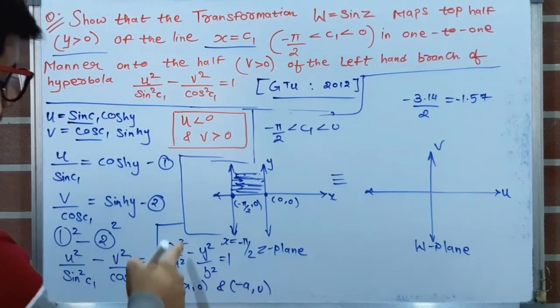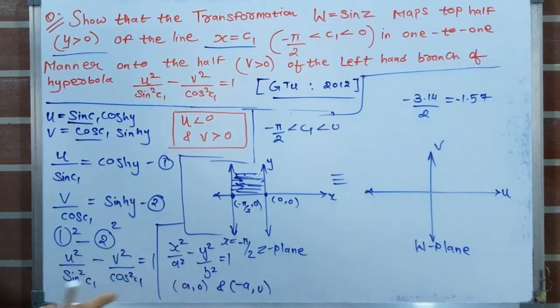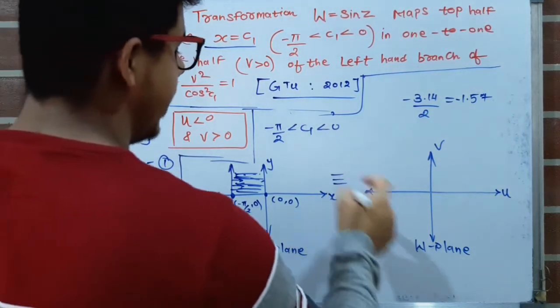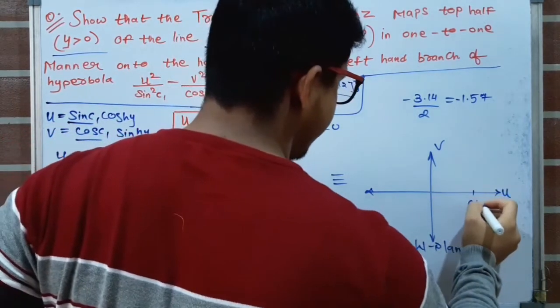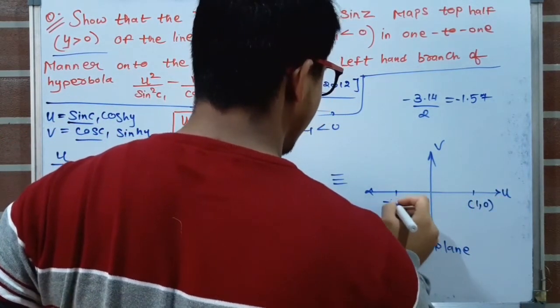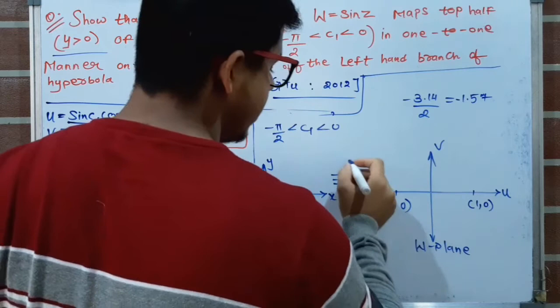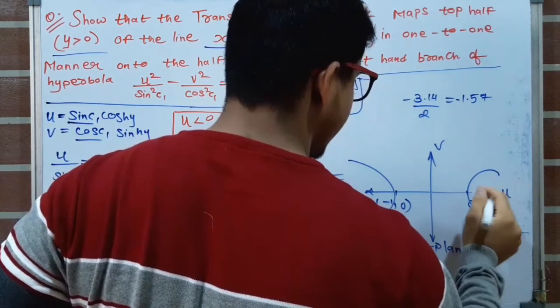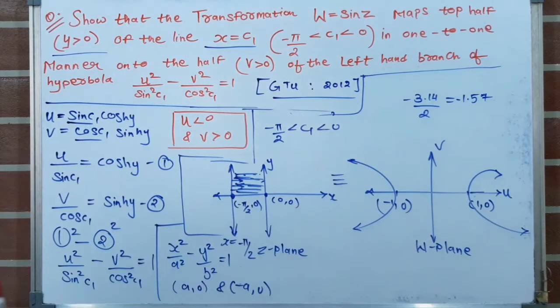According to this concept, what is sine of pi by 2? It will be 1. So our vertices will be 1 comma 0 and minus 1 comma 0. I hope you understood. So our hyperbola will look like this. Now we are worried about the region.